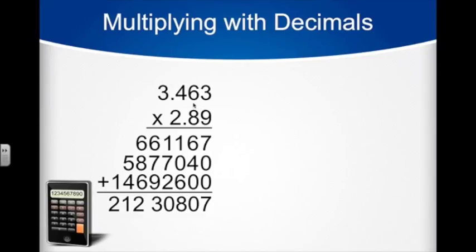We see there are 3 decimal places in the first number and 2 decimal places in the second number. 3 plus 2 is 5, so we need to have 5 decimal places in our final answer. 1, 2, 3, 4, 5.